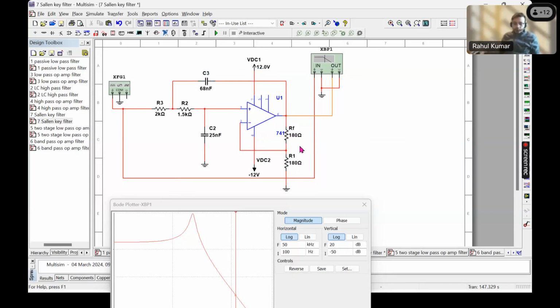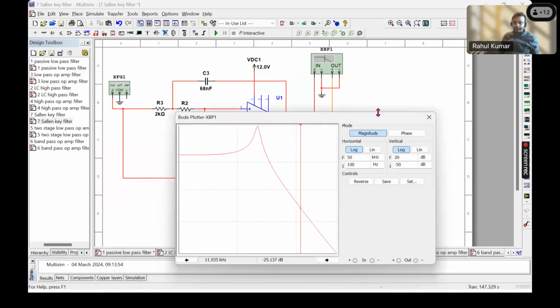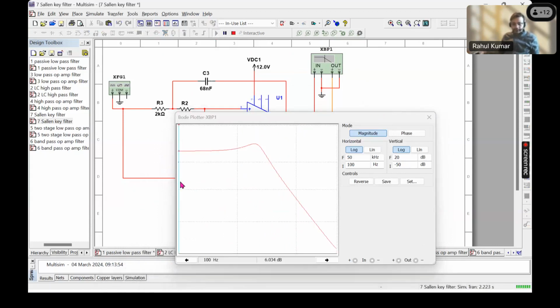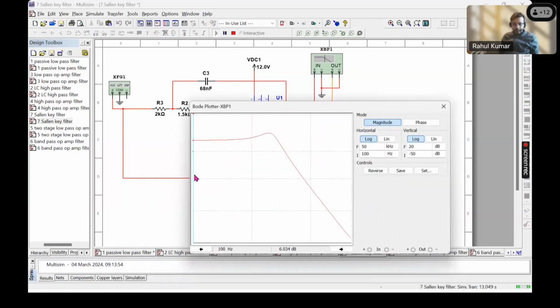And if you convert it into decibel, it will come out to be 6 dB. 20 log of 2 is 6 dB. So if you run the circuit, if you increase the value of RF, the peak will reduce, and you should get around 6 dB. So that's around 6 dB, which we are getting.